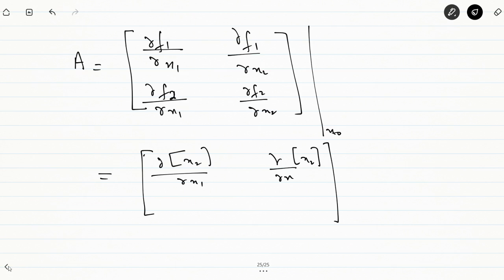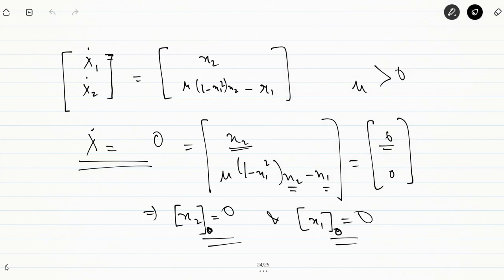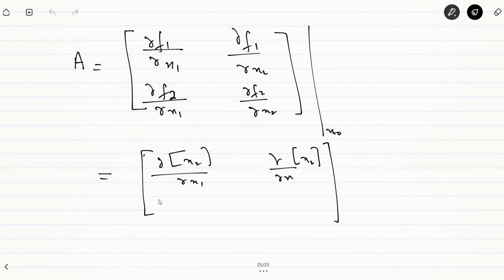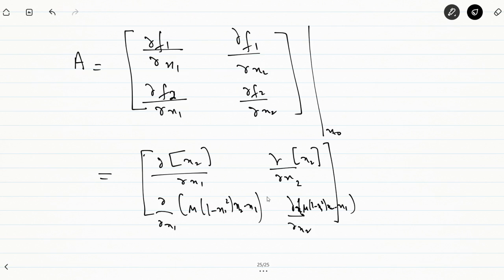Our function number 2 is mu (1 minus x1 square) x2 minus x1. Its partial differentiation with respect to x1, so you have mu (1 minus x1 square) x2 minus x1, and delta by delta x2 of mu (1 minus x1 square) x2 minus x1, okay.